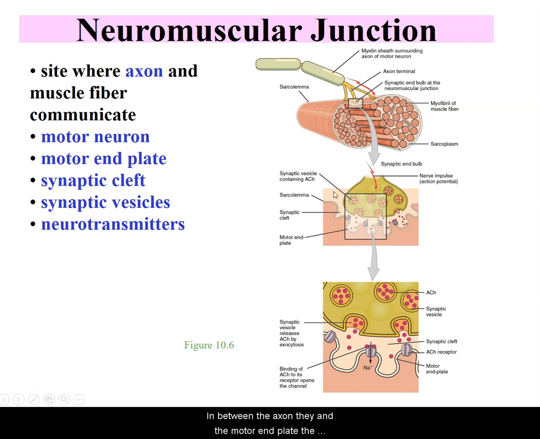Okay, in between the axon and the motor end plate, the muscle and the axon don't truly touch. There is a cleft here, and in that cleft you have like a bioelectrical gel that allows for the transport or the movement of that neurotransmitter across that cleft to the receptors on the motor end plate.